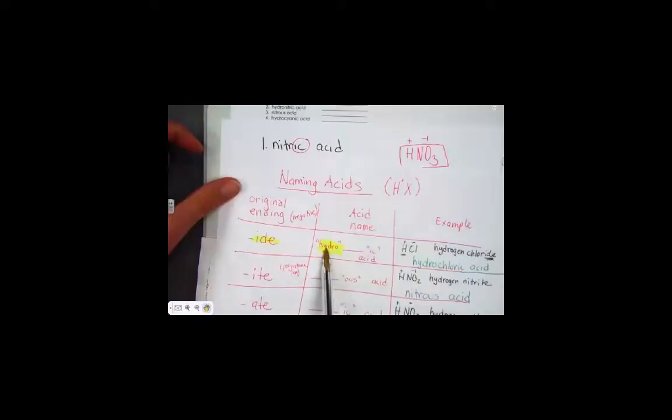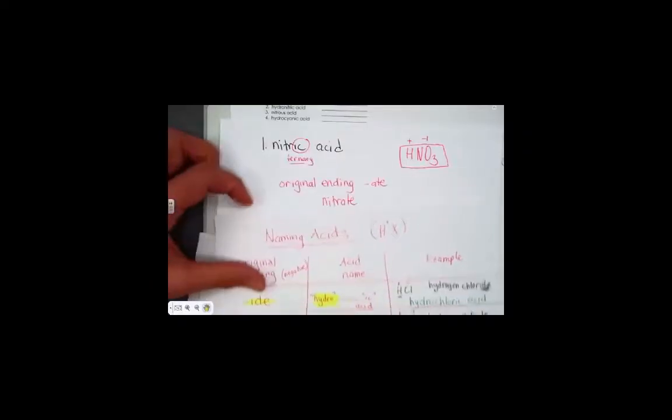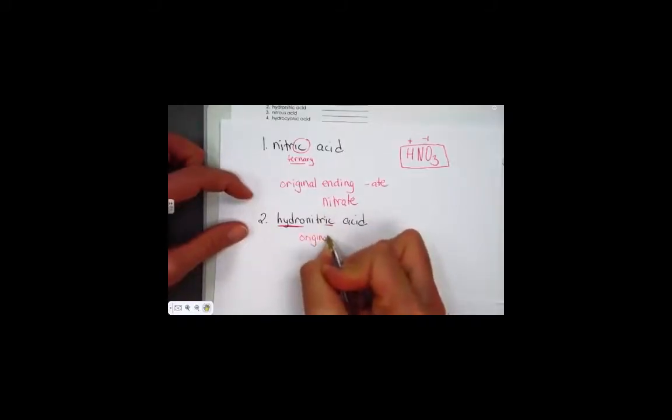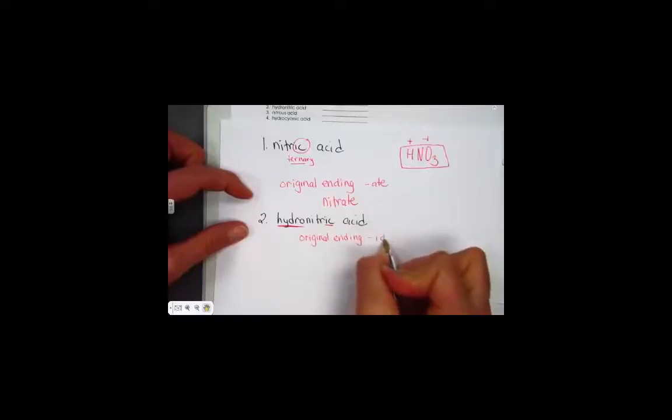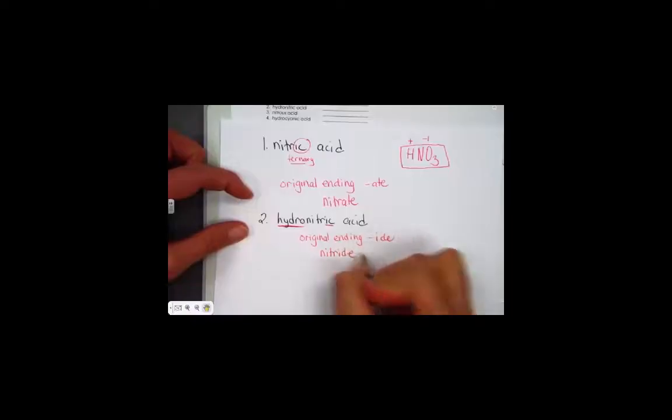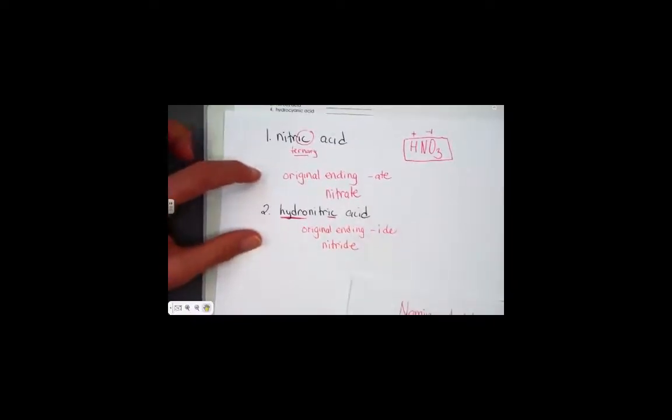Hydro is the first thing I hear, and therefore the original ending must have been "ide." Hydro, root word "ic," comes from an original ending "ide." So that means if the original ending were IDE, we're trying to write a formula for the negative ion nitride.